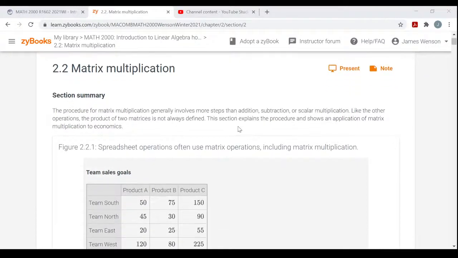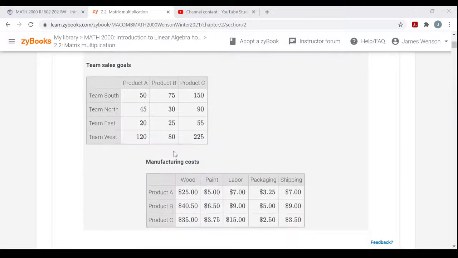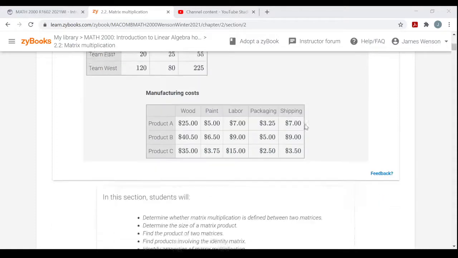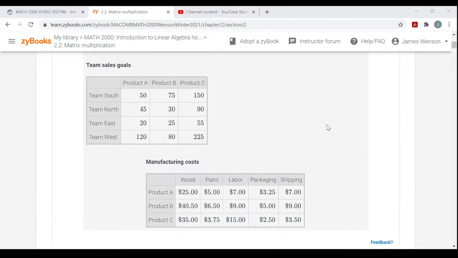All right. So there's this figure that the section starts with, and they never refer to it again, I don't think. So I'm actually going to come back and talk about this once we've established how to multiply matrices. I've got a couple of matrices here with numbers. This is a 4x3 matrix where you have the teams of a company, and their sales of each product that they produce.